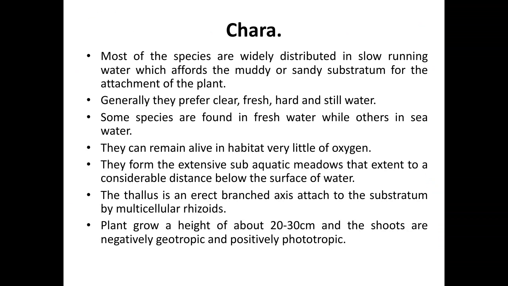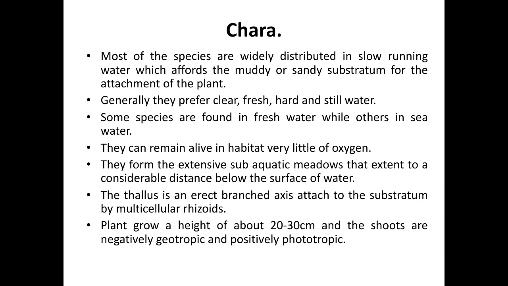Then second, Chara. Most of these species are widely distributed in slow running water, which affords a muddy or sandy substratum for the attachment of the plant. Generally, they prefer clear, fresh, hard, and still water.